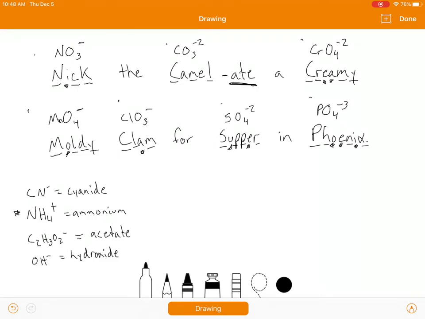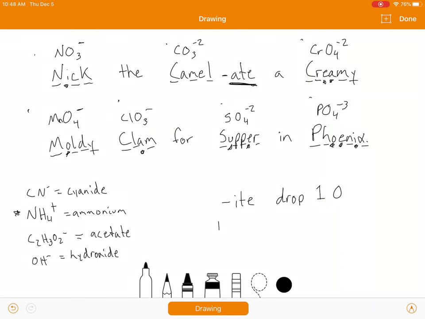So, the 3 things you have to remember is that an "ite" ending means that you drop 1 oxygen from the ate. So if you want nitrite instead of nitrate, you would get NO2 with a -1 charge. The charge, once again, never changes.